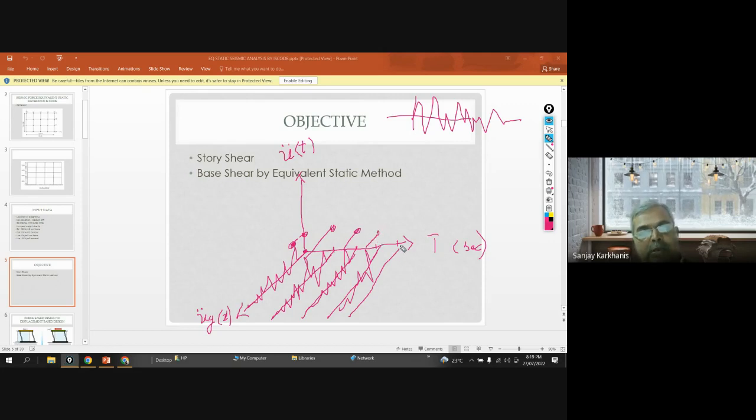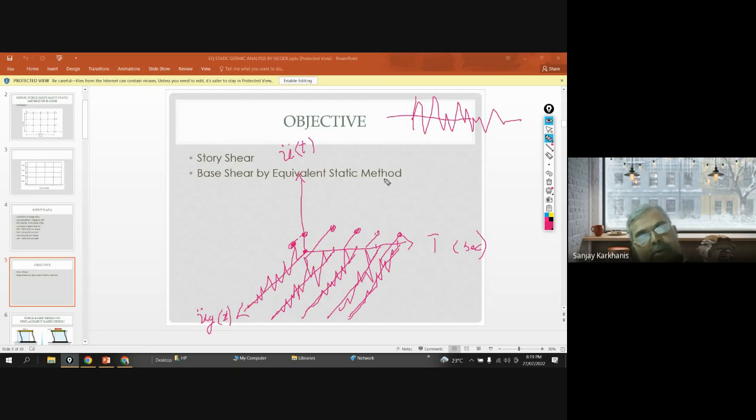Right? Similarly, the maximum is plotted over here. So let's say this is the maximum. So every one point on this plane is a representative of the maximum response of the seismograph.